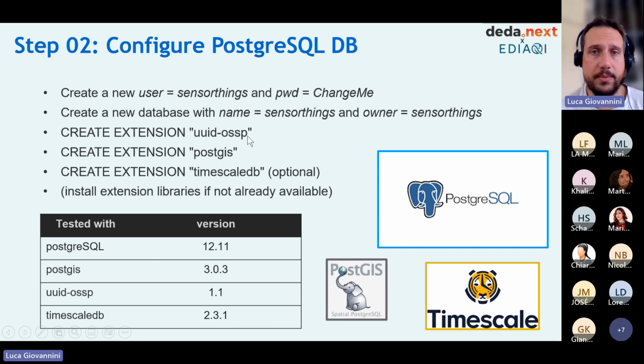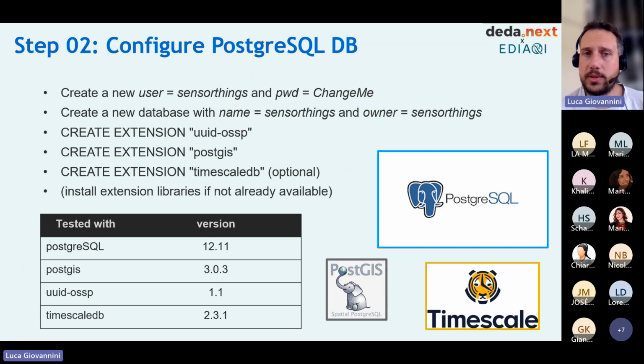Sorry, maybe I should describe a little bit more what those extensions are. The first one provides the service of creating UUIDs, which is a standard way of creating IDs, string type IDs. The second one is a module that adds all the types and functions to Postgres that provide support for geometrical and geographical data elaboration.